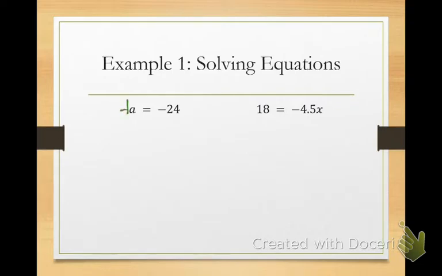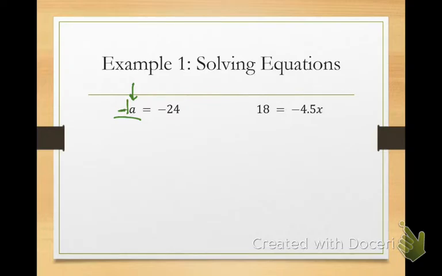So now we need to identify what is the operation connecting my number and my variable here. When there's nothing in between, it's multiplication. What's the opposite of multiplication? Division. So you divide both sides, and hear me on this, this is important, by whatever is connected to your variable, even if it's negative. You have to take the negative with it.